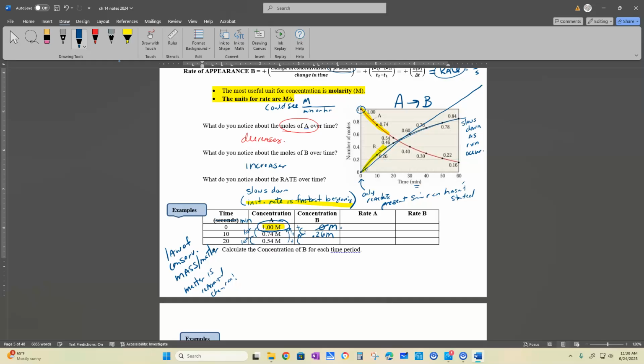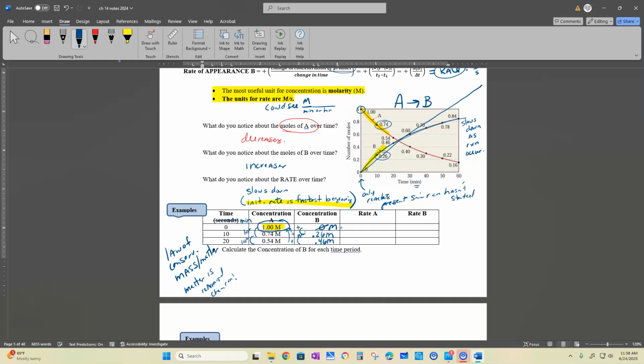It's not equaling the 74, okay? You still have to keep in contact with that both of them equal that 1 molarity. So if I take that 1 molarity minus 0.54, I'm going to get 0.46. Okay? And if you notice these data points, look right here. So after 10 minutes, look right there, 74 plus 26.